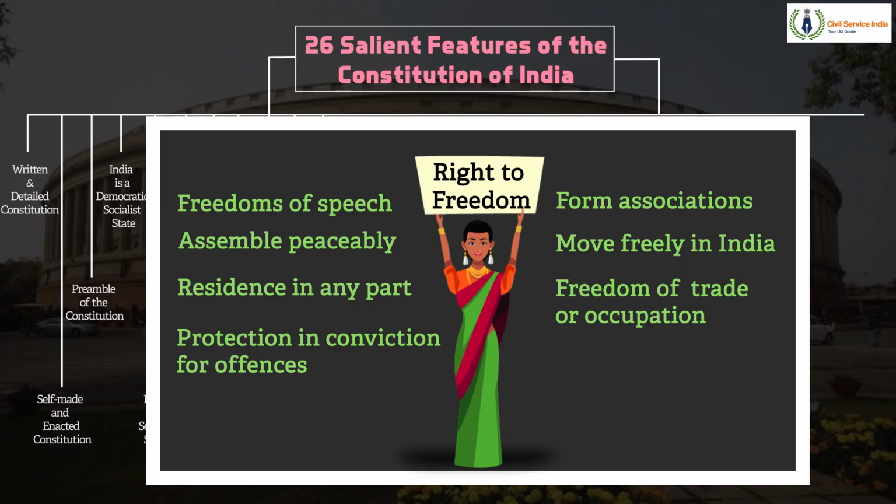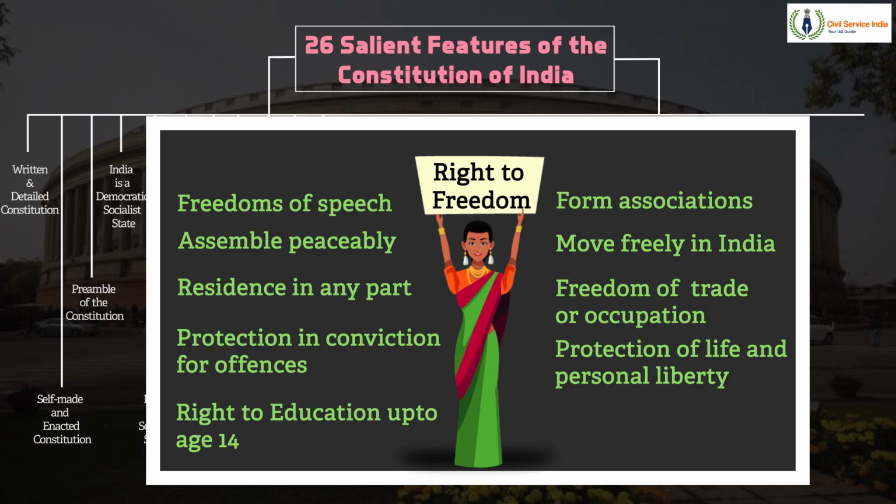The Constitution lays down that the freedom of life and liberty cannot be limited or denied except by the procedure established by law. Now under Art 21A, right to education for the children between the ages of 6 to 14 years has been granted. Art 22 guarantees protection against arbitrary arrest and detention.